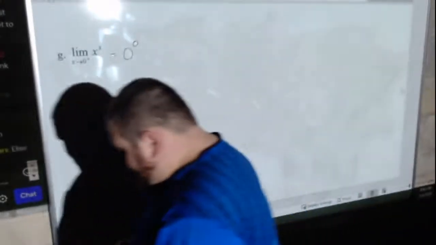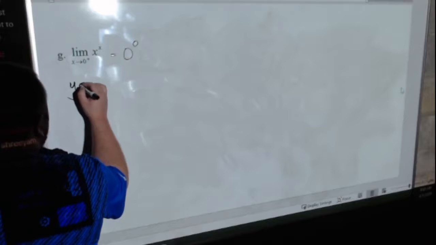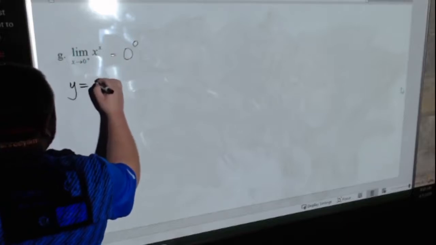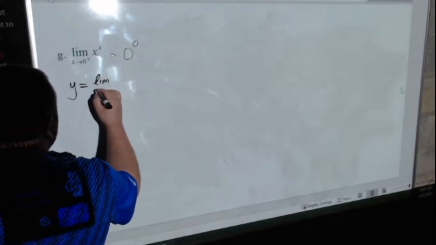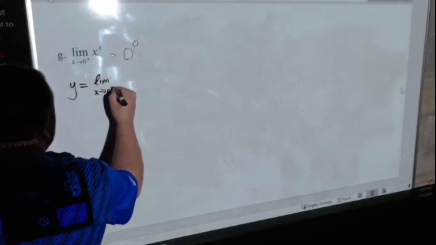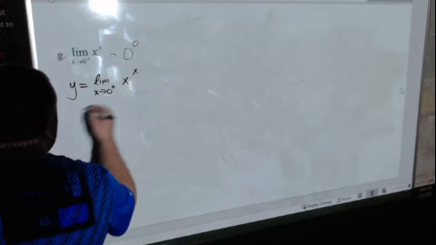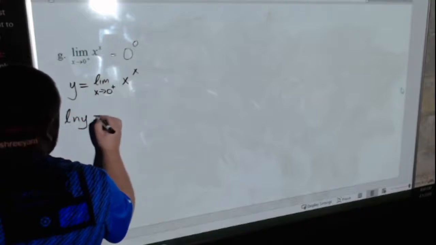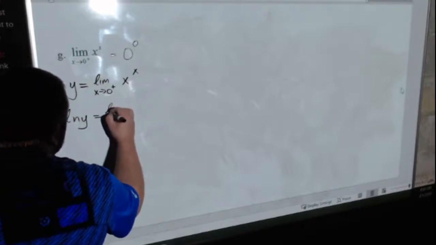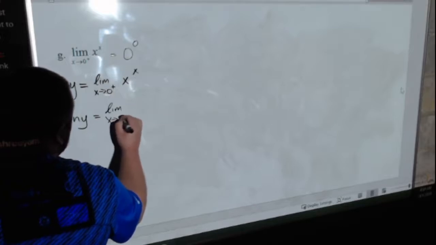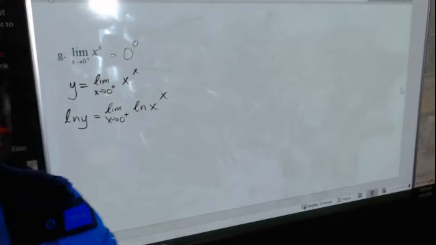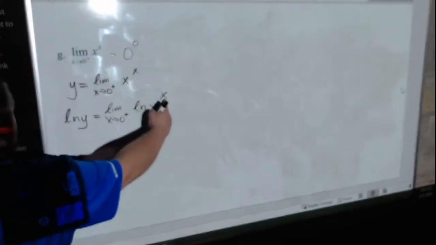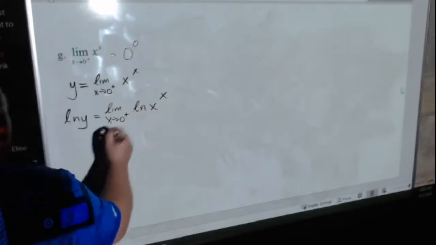As always, I'm going to let it equal y and take the log. And again, the log allows me to take this x and bring it down in front.